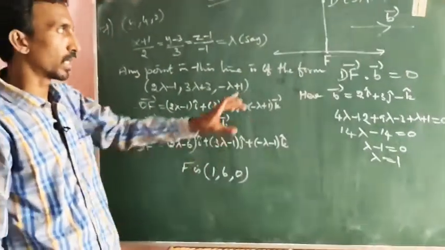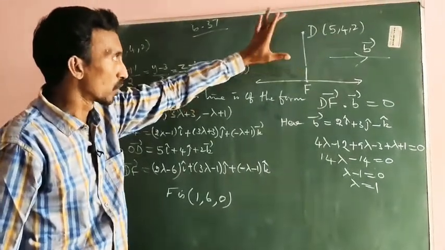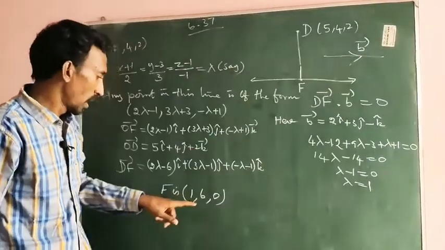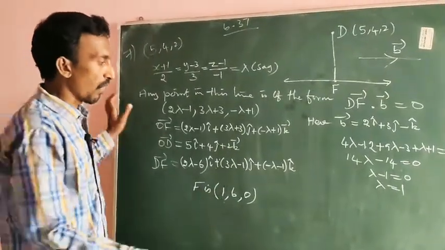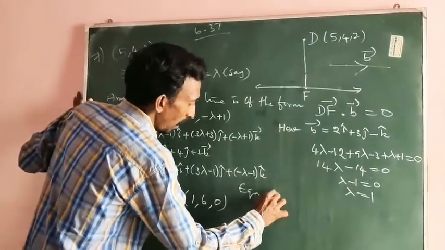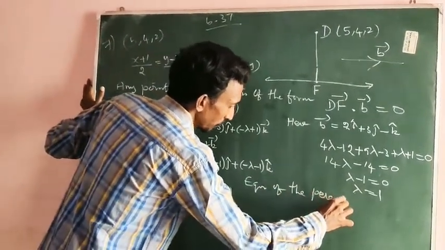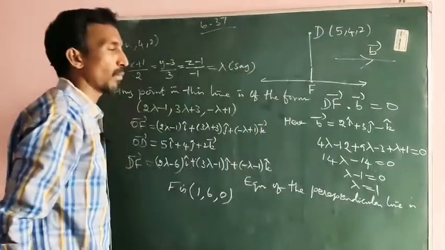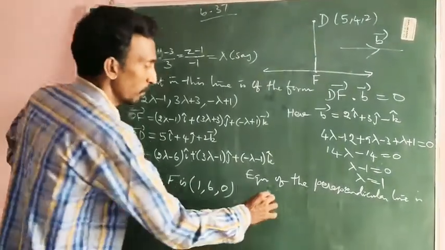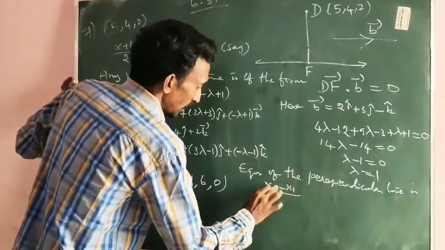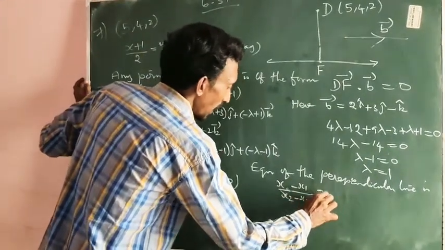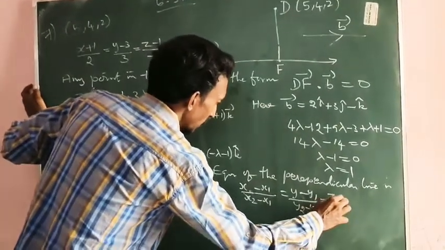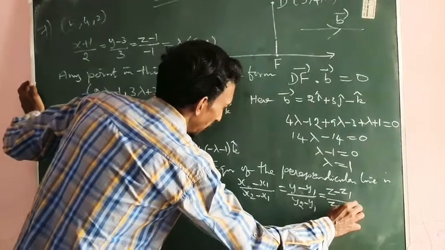Also our aim is to find the perpendicular line DF. So apply the 2-point formula. Imagine this is x1, y1, z1 and this is x2, y2, z2. The equation of the perpendicular line is (x minus x1)/(x2 minus x1) equal to (y minus y1)/(y2 minus y1) equal to (z minus z1)/(z2 minus z1).